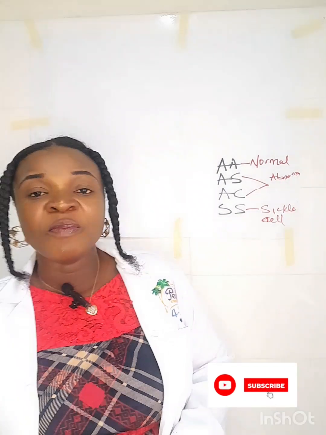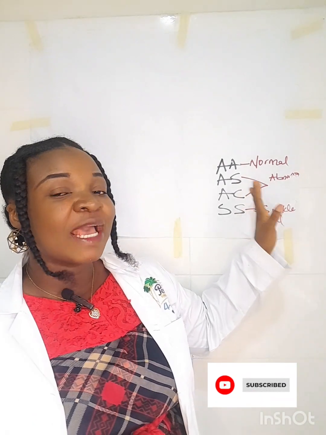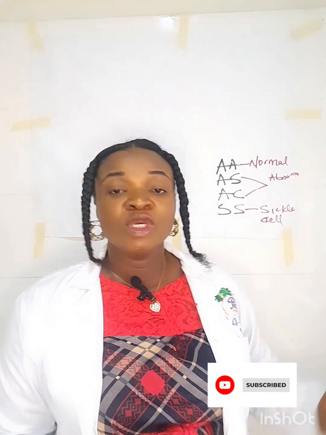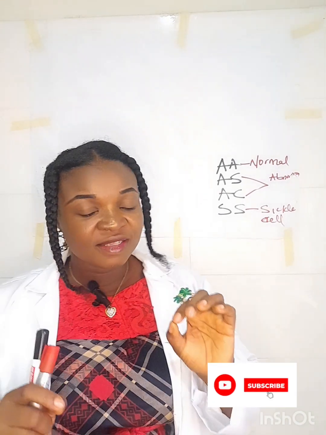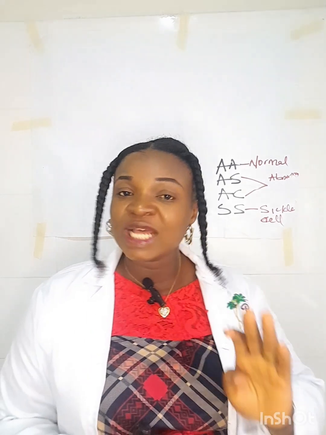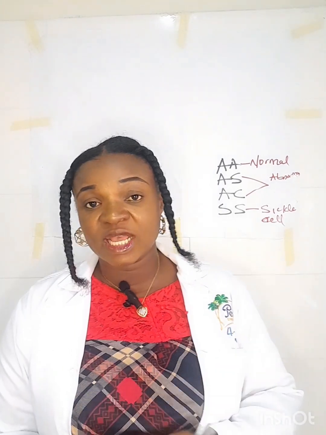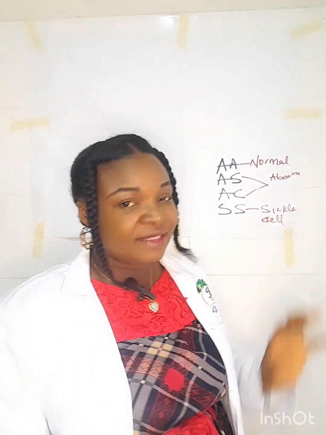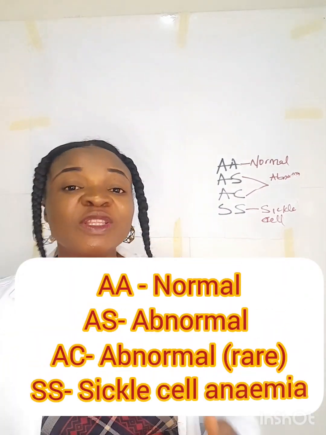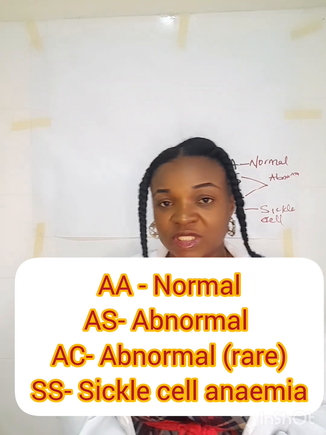For people that have hemoglobin genotype AA, they are the ones that have the normal genotype. Those that have AS and AC, they are the ones that have the abnormal genotype, while those that have SS is the sickle cell anemia. AC is rare, but it's also present. It's part of the components of abnormal genotype.